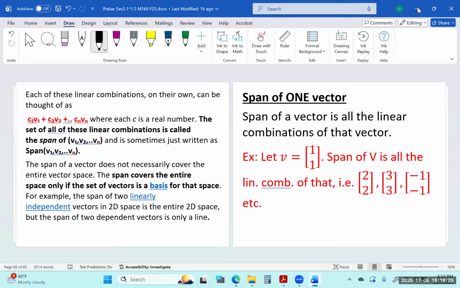That means all the linear combinations of this 1, 1 could be 2, 2, 3, 3, -1, -1, -2, -2, -3, -3, all those things. So basically, only constant multiplication is allowed, and whatever you get, that's a linear combination of this vector.